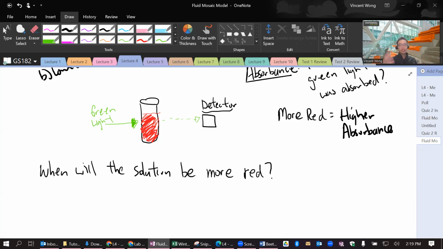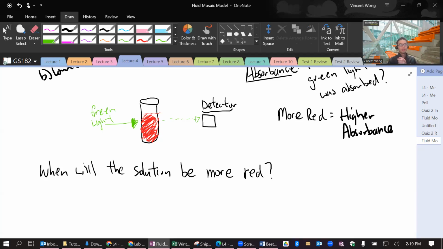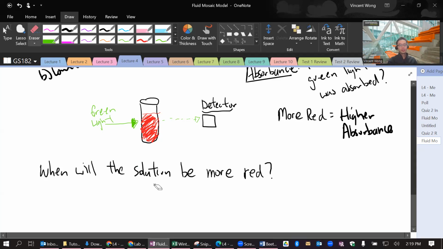Okay, when are you going to get more red out of the cell? When the membrane is intact or when it's falling apart? What do you guys think? Intact. Intact? Intact means like together, right? Like there's no damage, right? Yes. Okay. Anyone else? I think when it's falling apart.